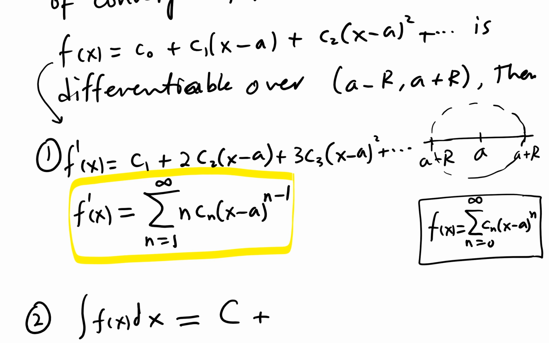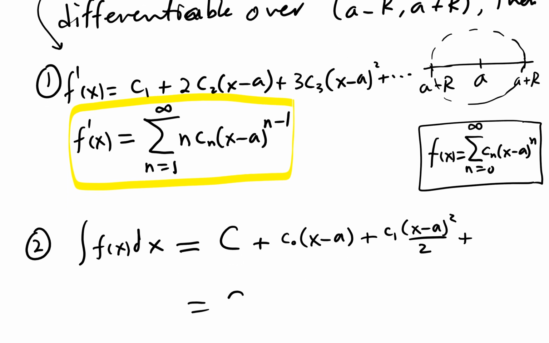If I integrate my given series, the c0 times x minus a is going to stay the same, plus c1 times x minus a squared over 2, plus c2 times x minus a to the third over 3, etc. And all of this can be rewritten using sigma notation as cn times x minus a to the n plus 1, all divided by n plus 1.